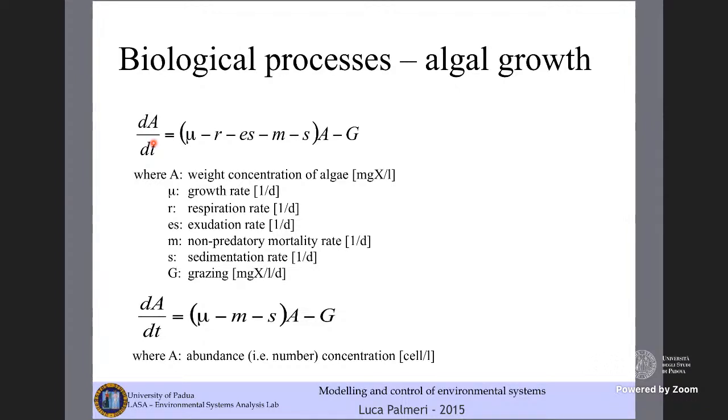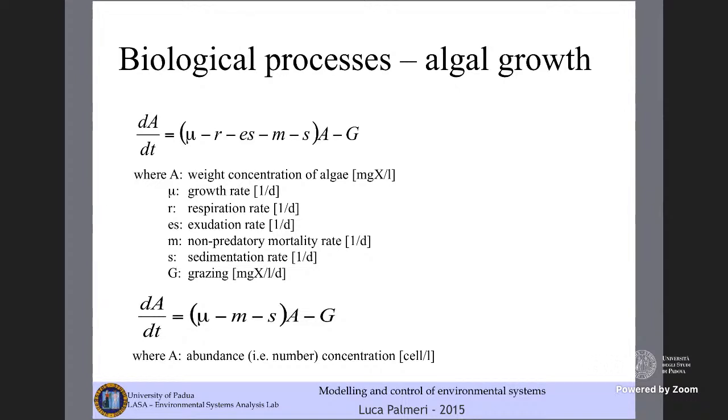So A may be described as a number of cells per unit volume, cells per liter, for example, number of algae that are present in our system. So this is the very general model for describing algal growth.